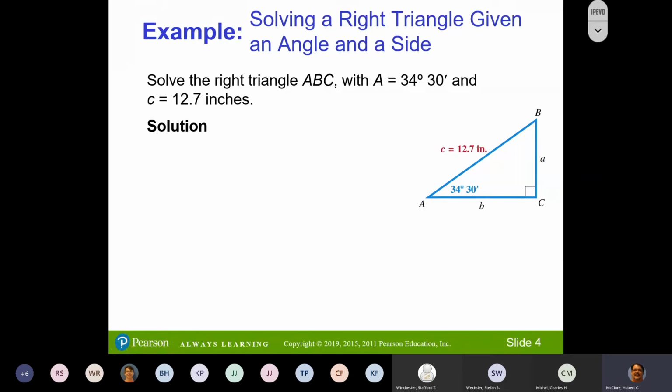We've got an angle of 34°30′. And we've got C is equal to 12.7, and A and B.